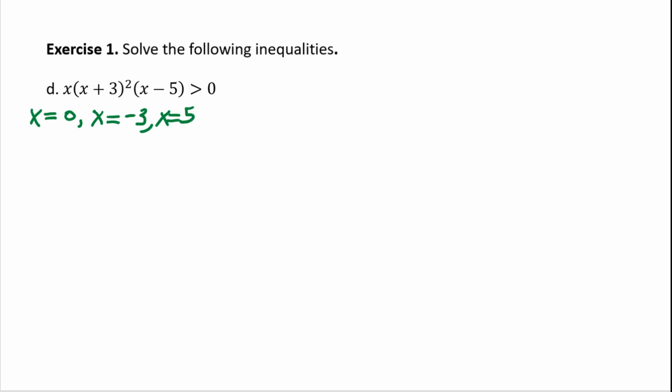These values partition the number line into 4 intervals. The intervals are from negative infinity to negative 3, from negative 3 to 0, from 0 to 5, and 5 to positive infinity. Let's denote the signs of each factor on the number line.